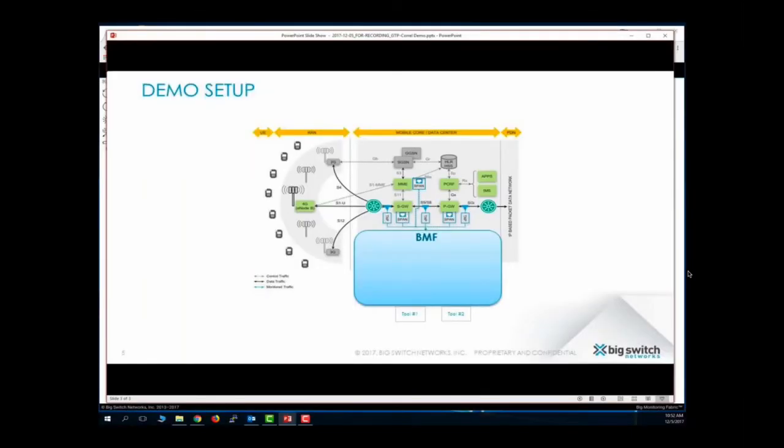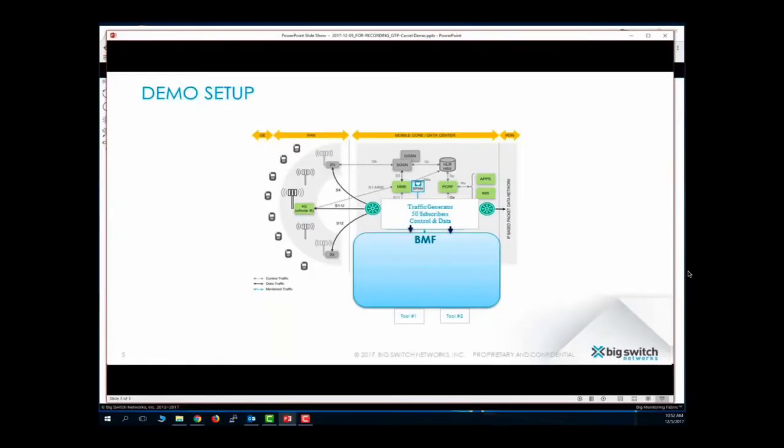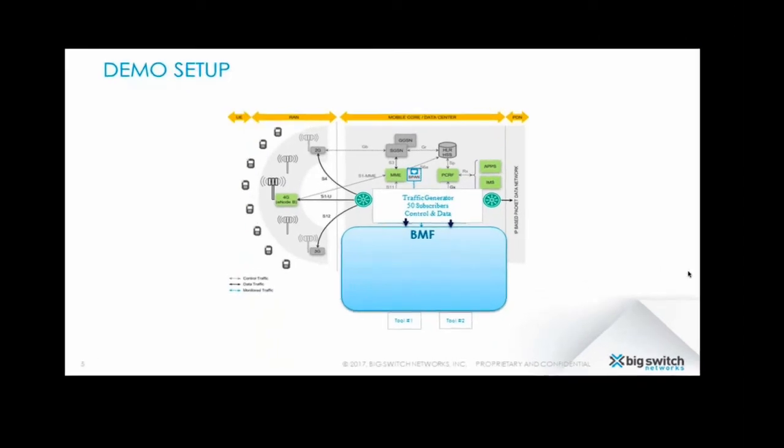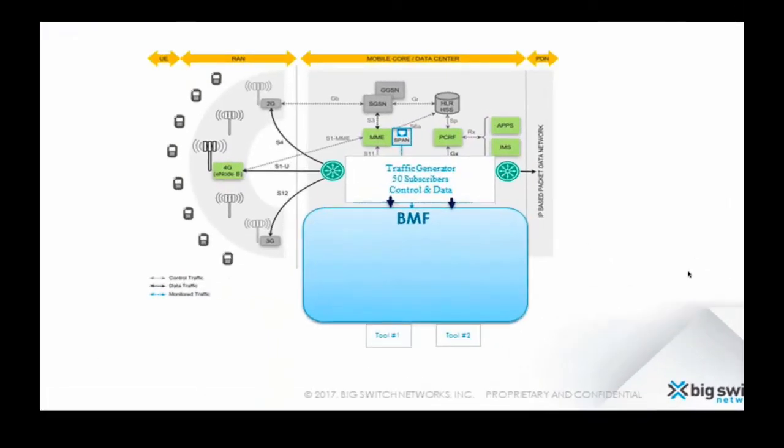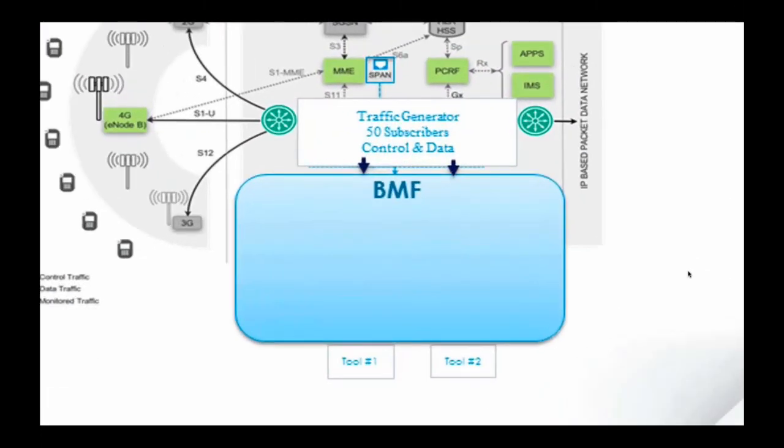Of course, telcos have spent a lot on building a huge and scalable infrastructure, but for the simplicity of this demo, we're going to use a much simpler setup and approach. Basically, we're going to be generating two different streams of traffic. One is going to be the control plane, and the other is the data plane.